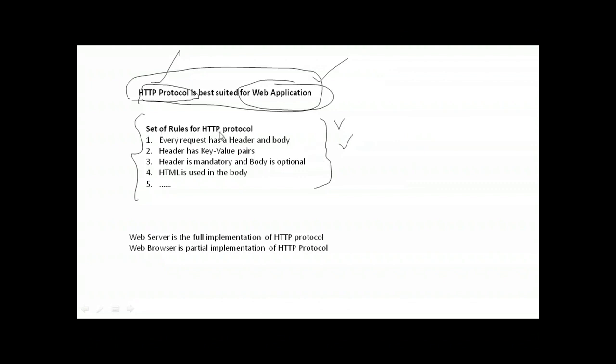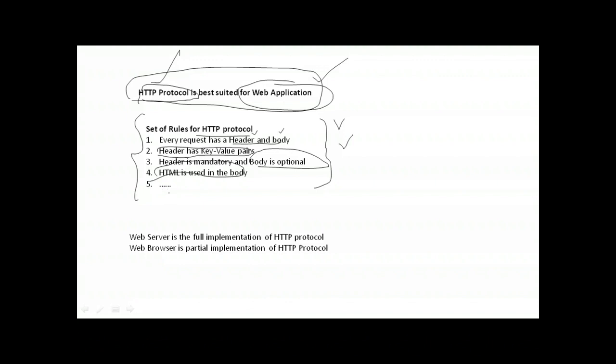Now look at the set of rules for the HTTP protocol, guys. Every request has a header and a body. This is one rule. Every request should be divided into two: one is header and one is body. Header will have key value pairs. Header is mandatory. Body is optional. HTML language is used in the body.